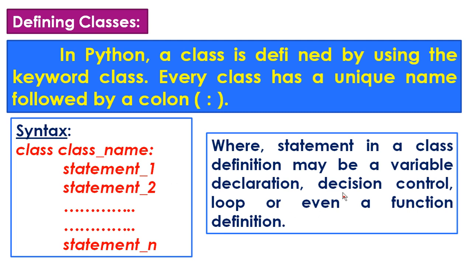Loops, for loops or while loops, or even a function definition: accept function, display function, calculate function, any function in the class tag. So the statements may be variable declaration, decision control, loop, or even a function definition.